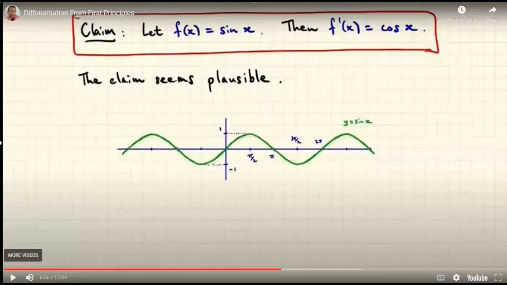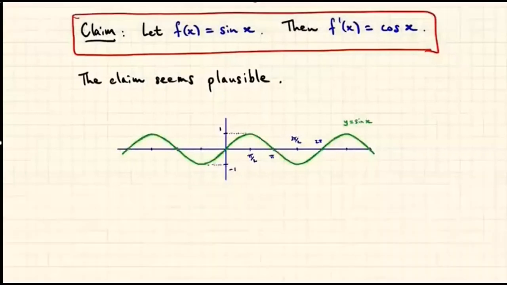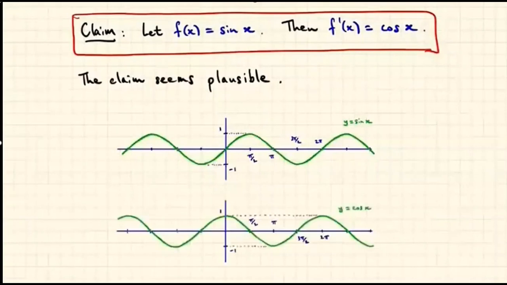Here is a graph of y equals sine x. And directly beneath it, we're going to draw the graph of y equals cos x.